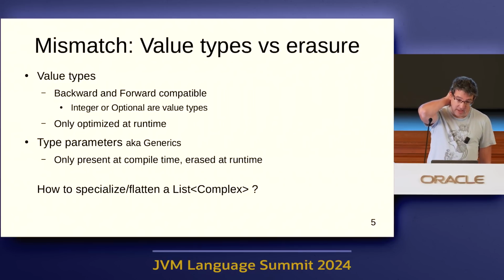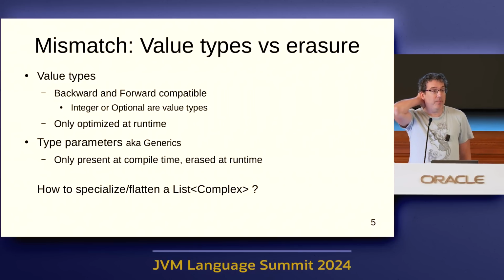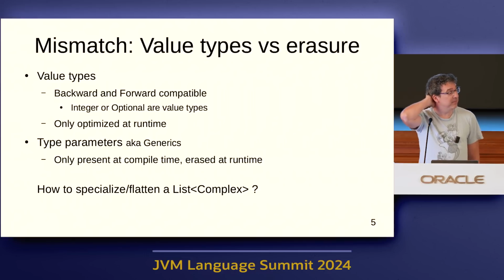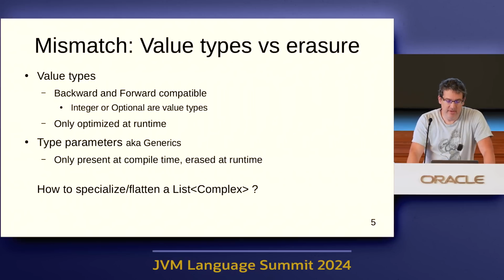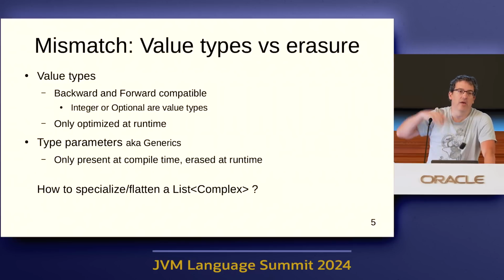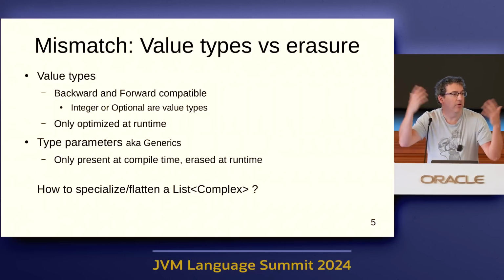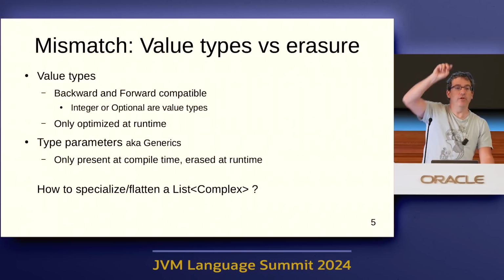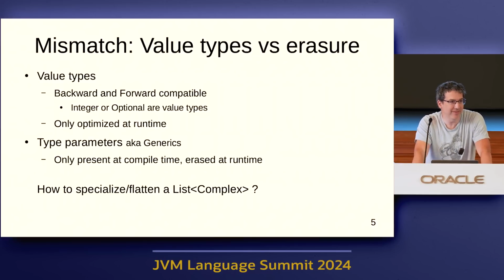So currently, value type is something which is solved only at runtime. Basically, when you have a value type, what you can do is take a type which is a classical class and just put value in front of it, and it should work.